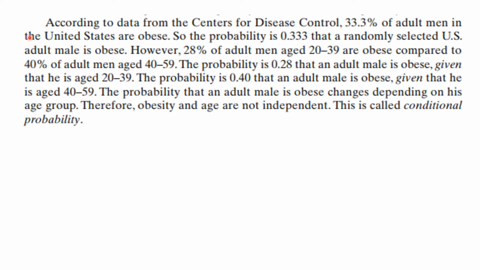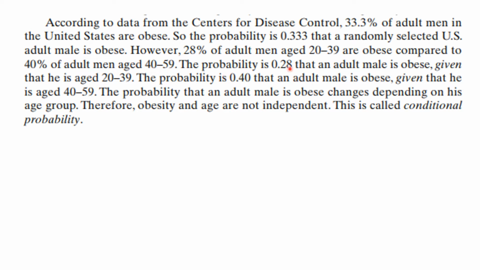By way of introduction, according to data from the CDC, about a third of adult men in the USA are obese, and so the probability is 0.333 that a randomly selected US adult male is obese. However, 28% of adult men aged 20 through 39 are obese compared to 40% of men aged 40 through 59.